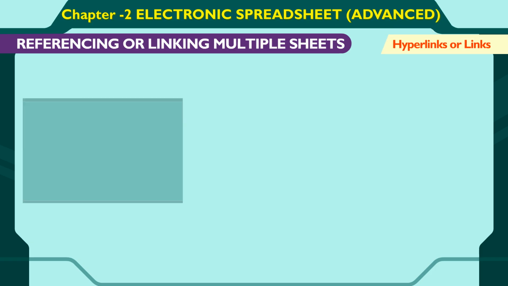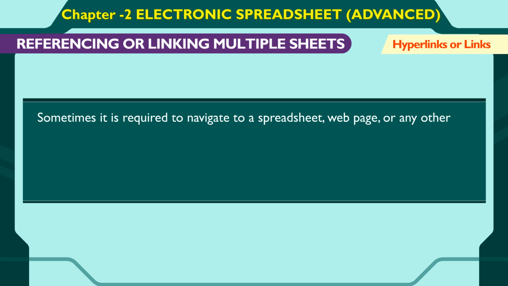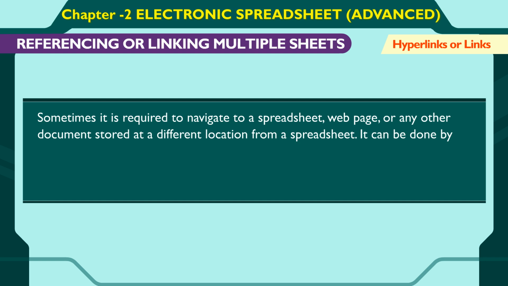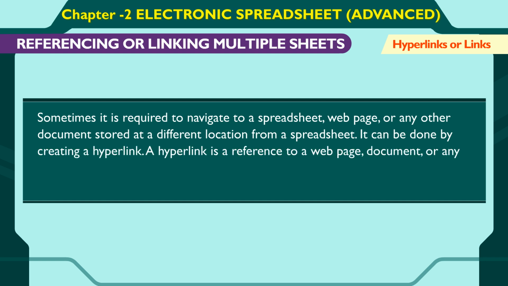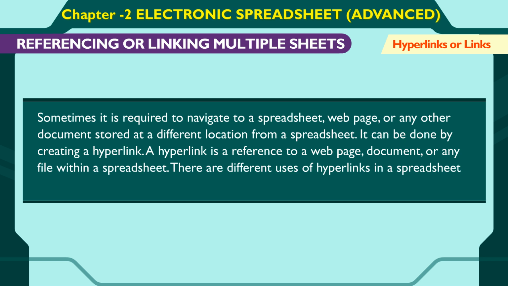Hyperlinks or links. Sometimes it is required to navigate to a spreadsheet, web page, or any other document stored at a different location from a spreadsheet. It can be done by creating a hyperlink. A hyperlink is a reference to a web page, document, or any file within a spreadsheet.